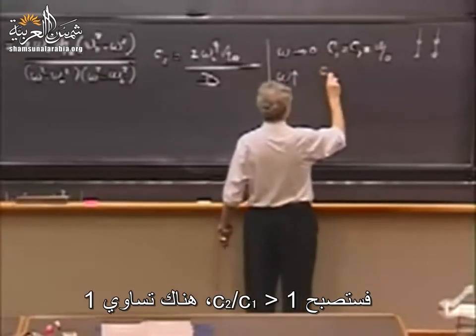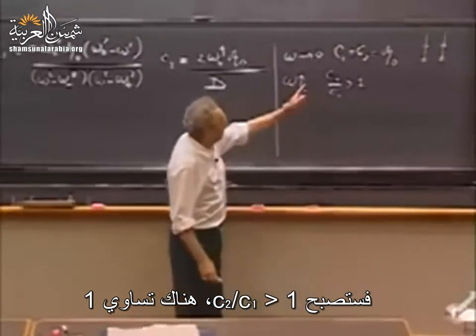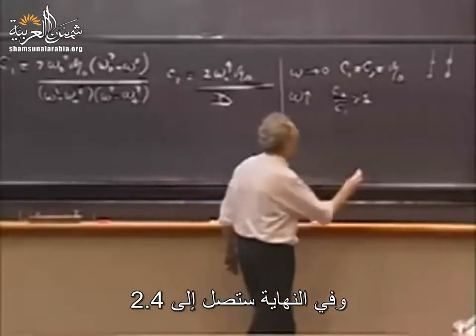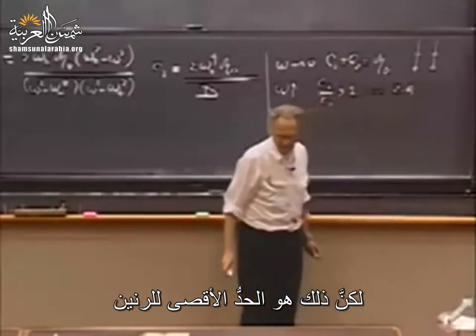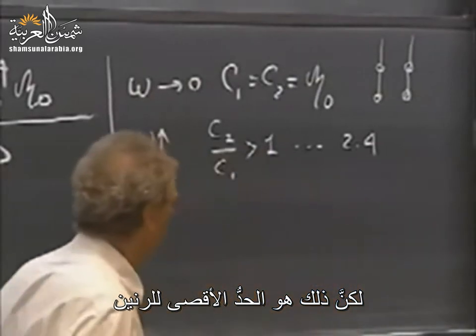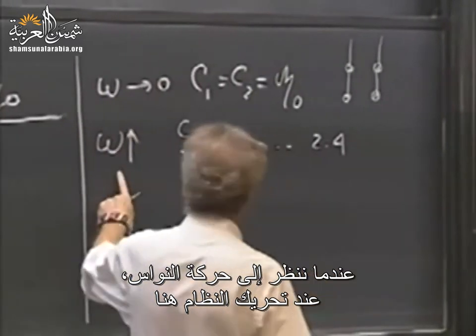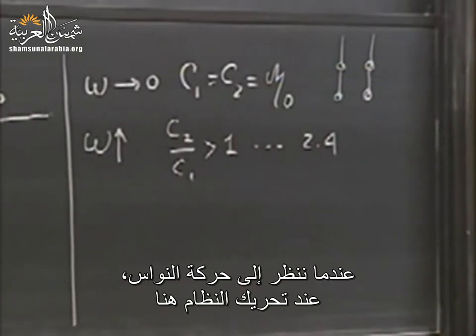you're going to see that C2 over C1 is going to be larger than 1. Right there, it is 1. And then ultimately, it will reach that 2.4, but that is that extreme case of resonance. And when you look at the motion of the pendulum, if you drive it somewhere here, notice that they are both in phase with the driver, and C2 is larger than C1.